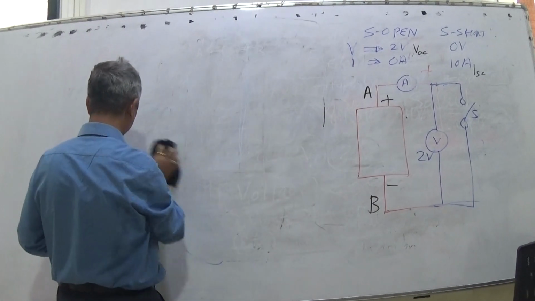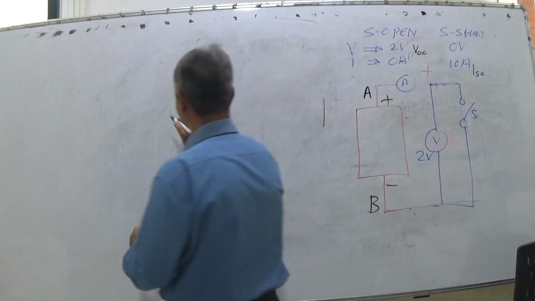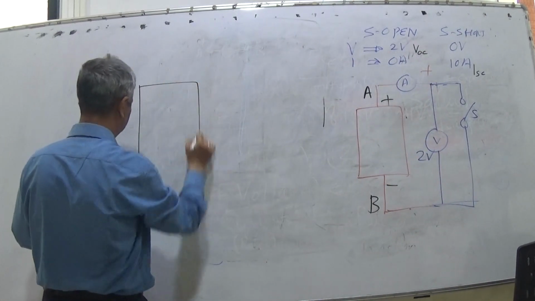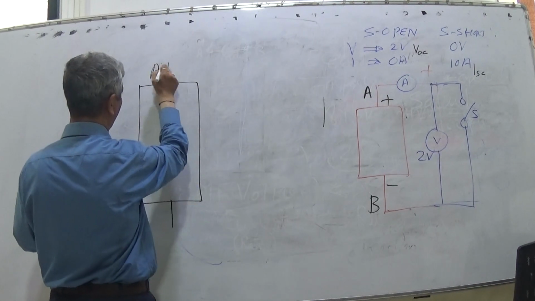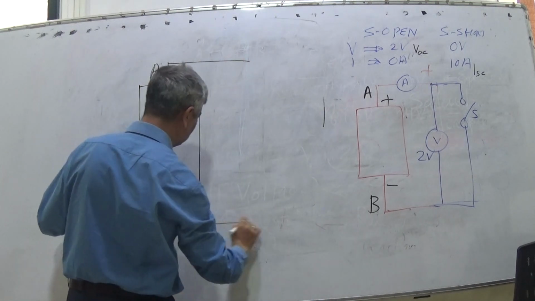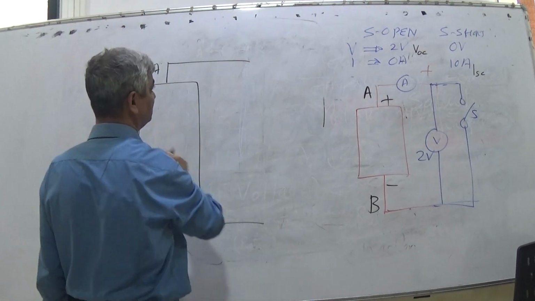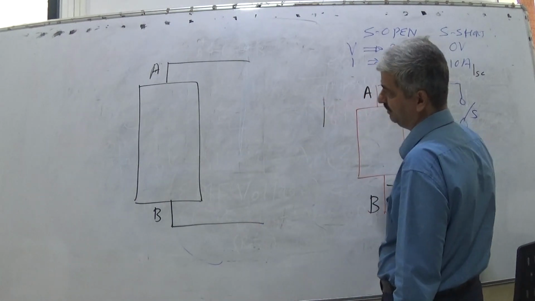So what do I have inside A and B? I am trying my level best. Those who want can pause and find the answer. What do I have inside A and B such that open circuit voltage is 2 volts and short circuit current is 10 amperes?